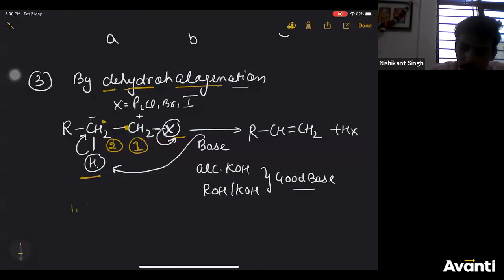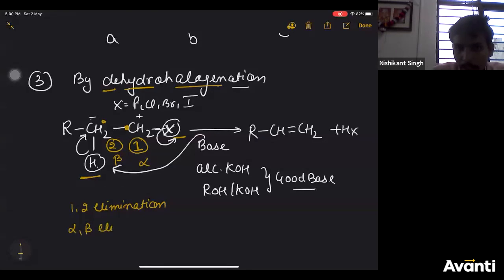This is also called 1,2 elimination, or 1 can be named alpha and 2 can be named beta, so it is also called alpha beta elimination. Important thing, halogen on the first carbon, hydrogen on the second carbon should be present.